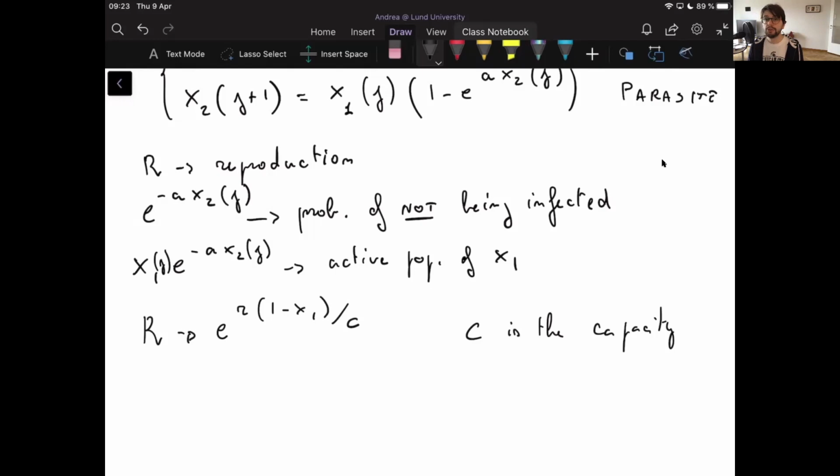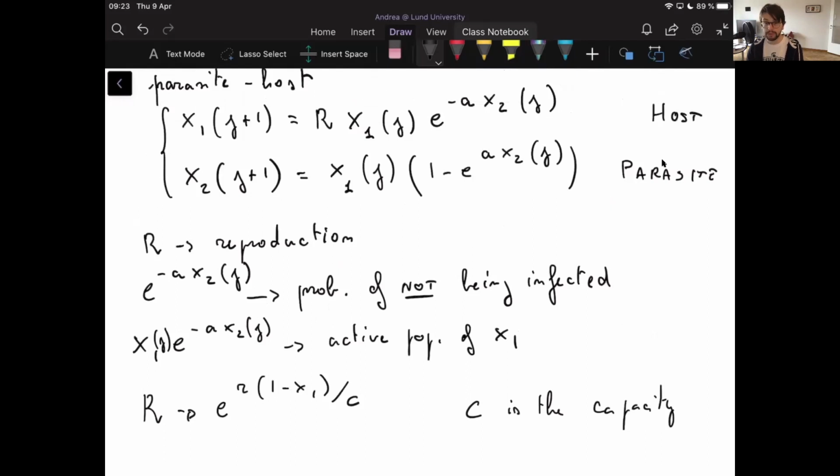So if you introduce sexual reproduction, then you have not only one species for the host and one species for the parasite, but you have two dimensions for the host, which are male hosts and female hosts. And then you need them to combine to make new children. And therefore, you add complexity to the system.